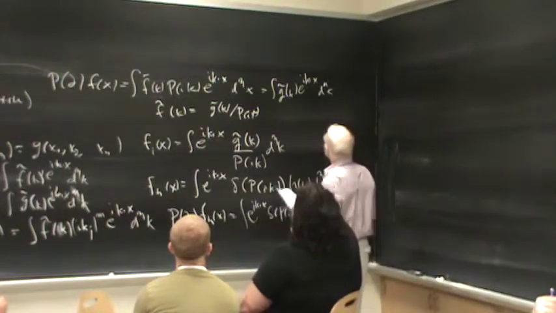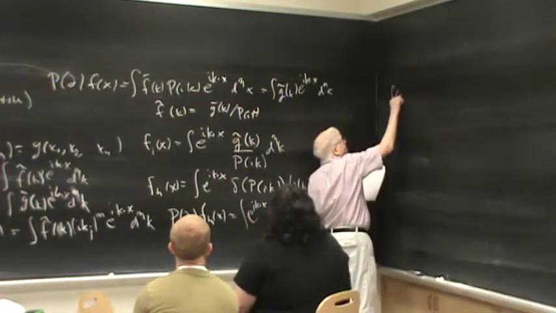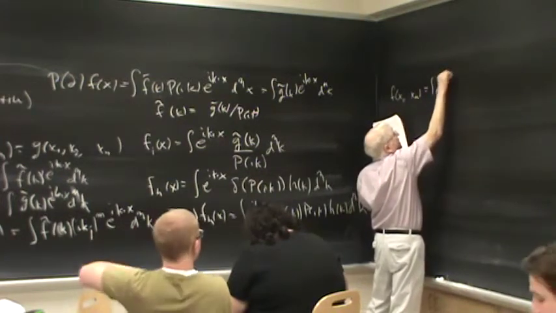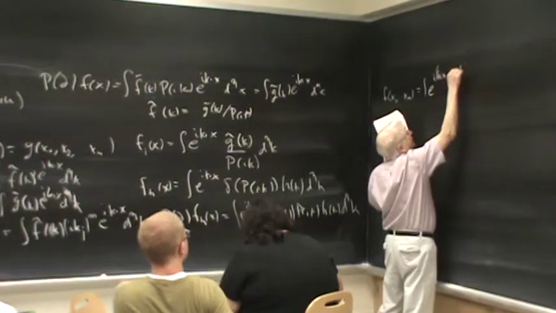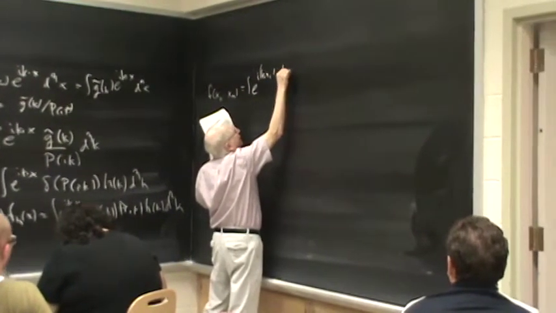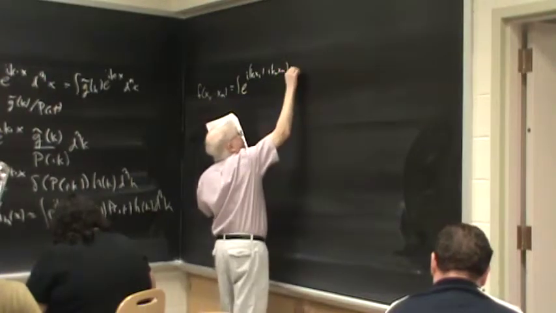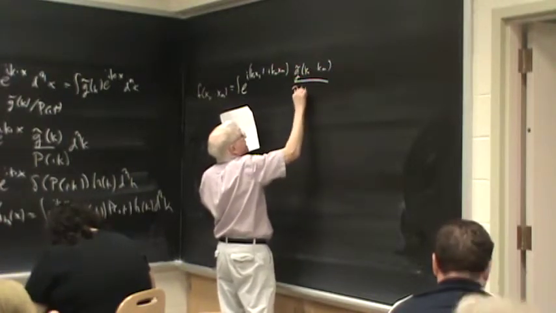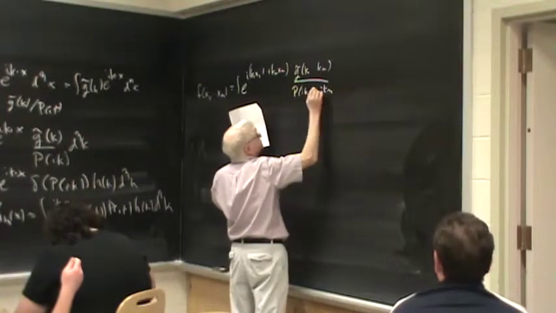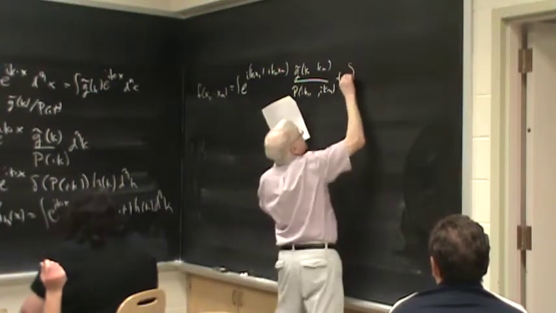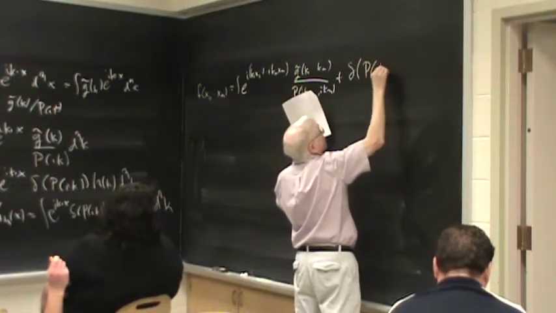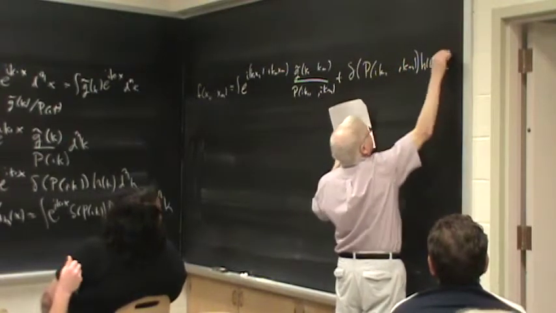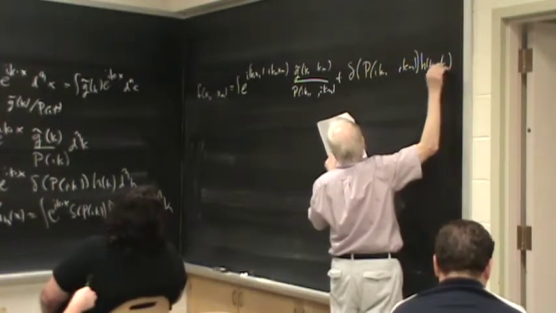So our solution then is this: the n-dimensional Fourier transform of g tilde of k_1 ... k_n over p of ik_1 ... ik_n, plus delta of p of ik_1 ... ik_n, h of k_1 ... k_n.